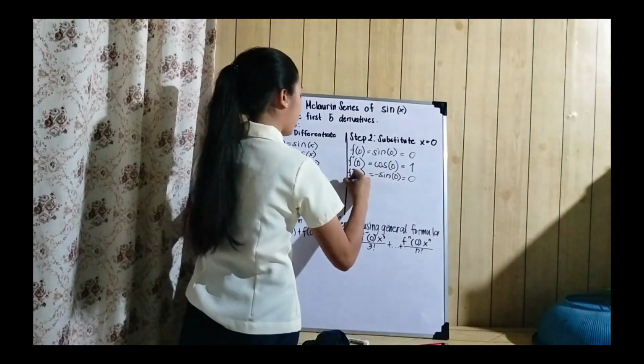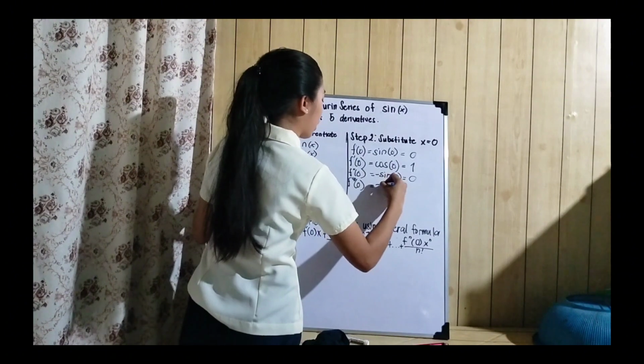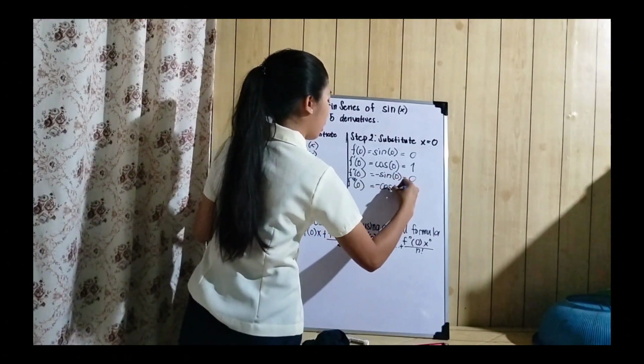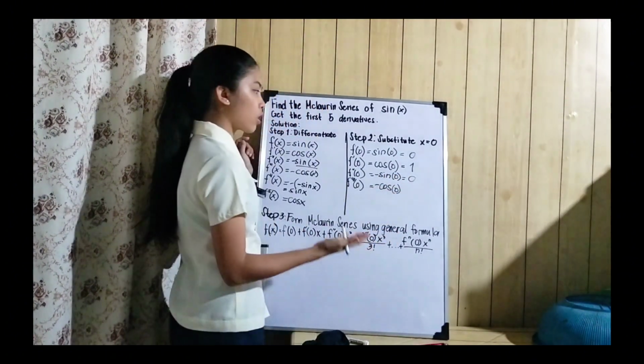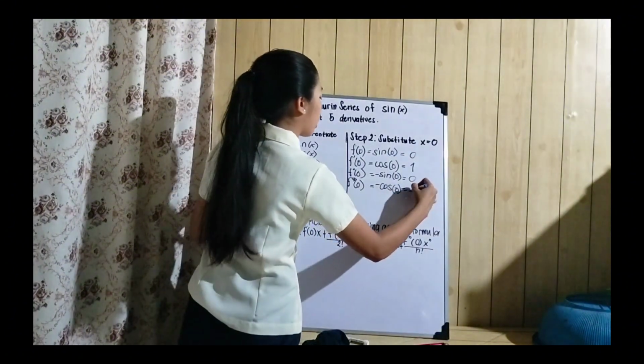So again, the third derivative is equal to negative cosine 0. Since cosine 0 is equal to 1, negative cosine 0 is equal to negative 1.